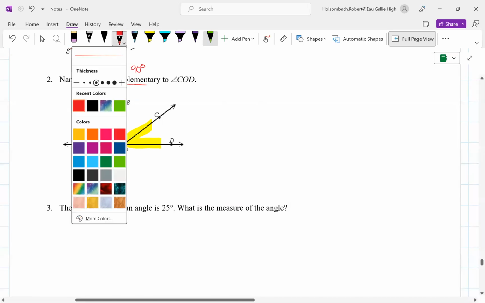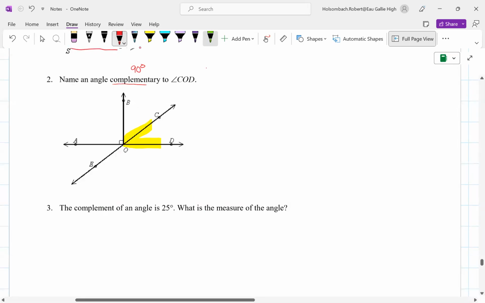Well, we talked about it earlier, that if this angle here on the left is 90 degrees, then this entire angle on the right is 90 degrees. So complementary to COD would be BOC right here. Because BOC plus COD form the 90-degree angle BOD. So complementary to COD would be angle BOC.